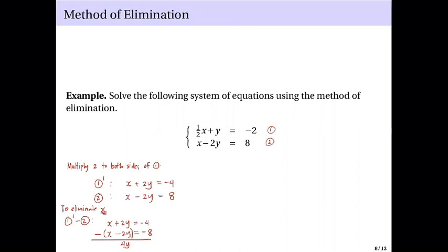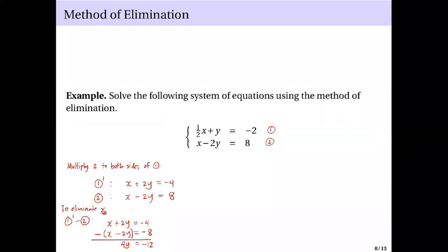Again, x minus x, that's 0. In here you have 2y minus negative 2y, so that becomes 2y plus 2y, because we have negative and negative here. So 2y plus 2y becomes 4y. And then in here you have minus 4 minus 8, that becomes negative 12.